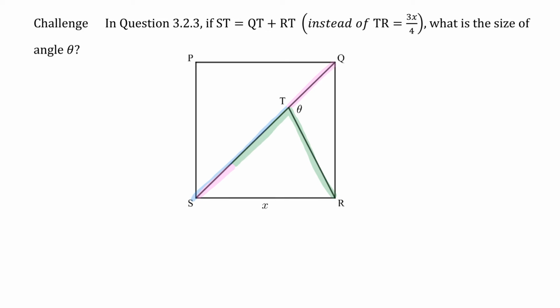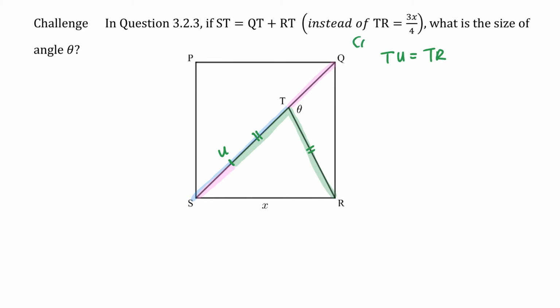So let's add that onto my sketch for now. Let's make another letter. What letter hasn't been used yet? PQRST. Let's use U. So I'm going to say that TU is equal to TR.